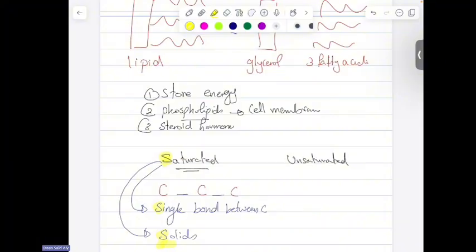Okay? What about the unsaturated? Unsaturated, it means that between the carbon there is one double bond. Okay, look at this bond is a double bond. The same way, U means that they have a double bond between the carbon.